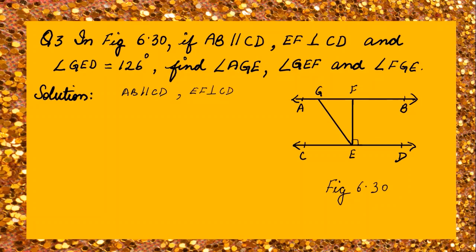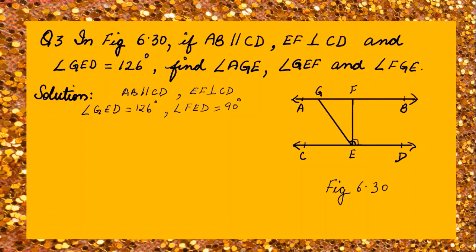Find angle AGE, GEF and angle FGE. Okay, now first write angle GED is your 126 degree. Means GED means this much portion is your 126 degree. And you can write angle FED is your 90 degree.